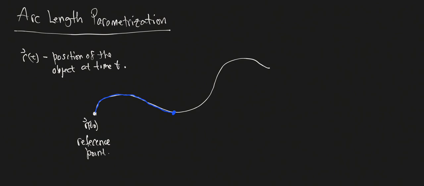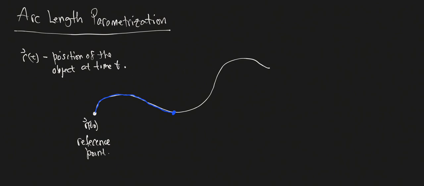Suppose we start analyzing motion at t equals 0, and then we travel for 5 minutes. If I plug 5 into this function, it will tell me where I am after traveling for 5 minutes.